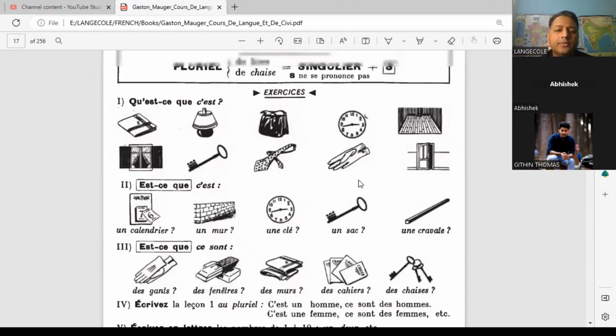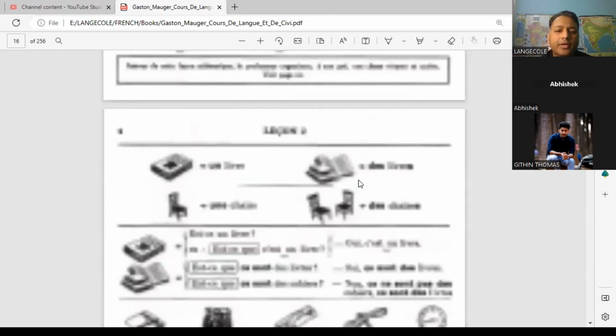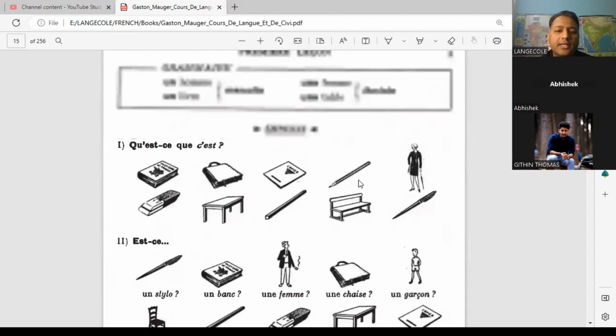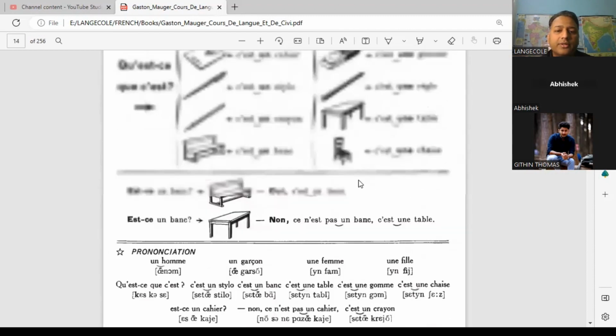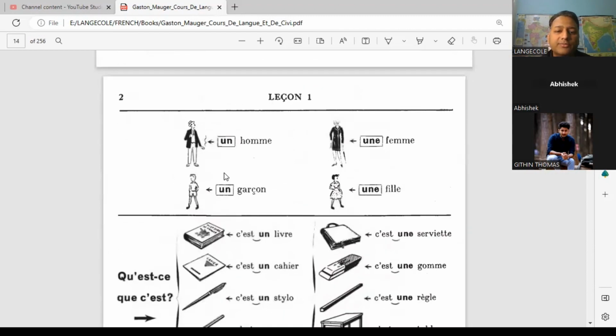The lesson 1, they are saying to convert into a plural form like this one.